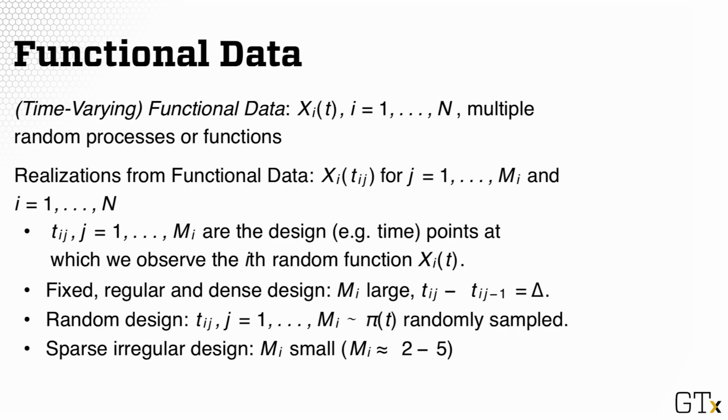Functional data are defined as multiple processes, or so-called random functions, which depend in our context on time, although they can depend on other functionality designs, for example, space. We have n such random functions or time series, each one observed at a set of time points denoted here Tij for the ith random function or process. The time points do not need to be the same across all the random functions.